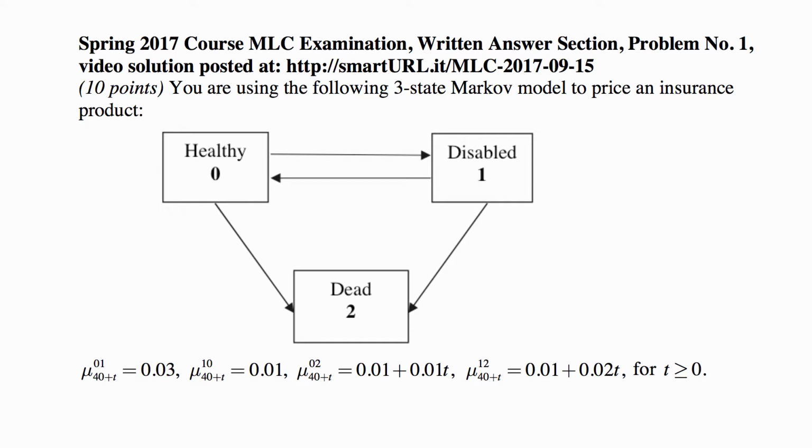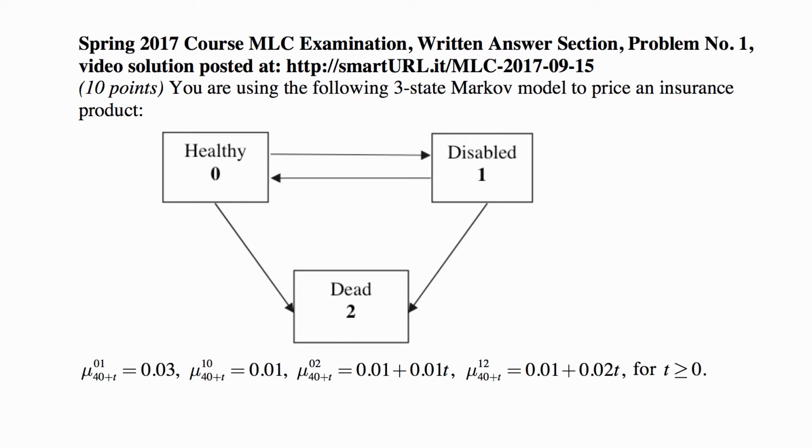The healthy state and disabled state communicate with each other, so you can go from healthy to disabled with positive probability, and vice versa. You are also given the forces of transition from state 0 to state 1. It's actually a constant force of 0.03.